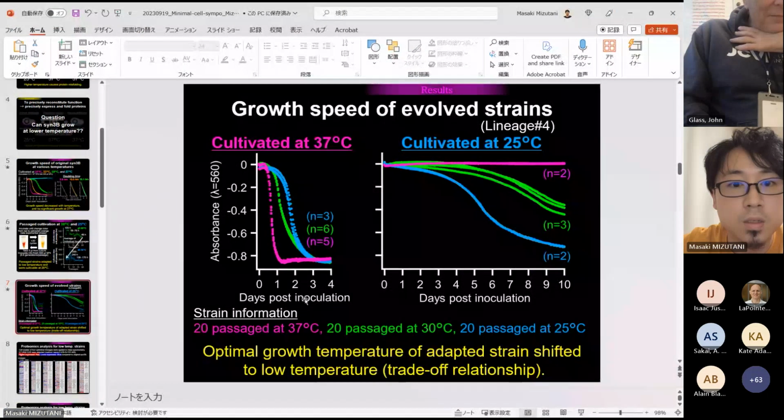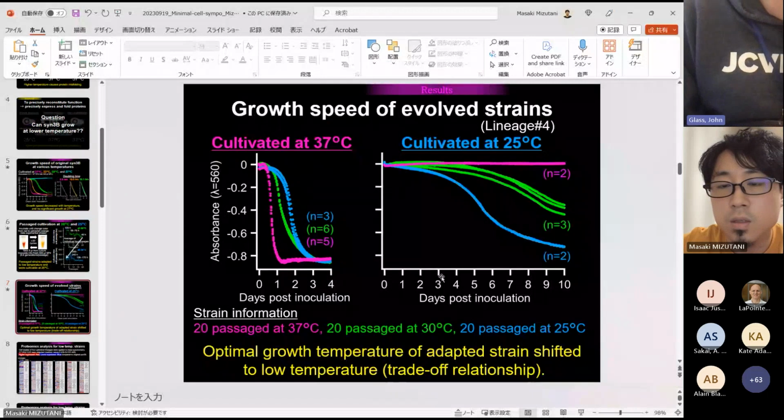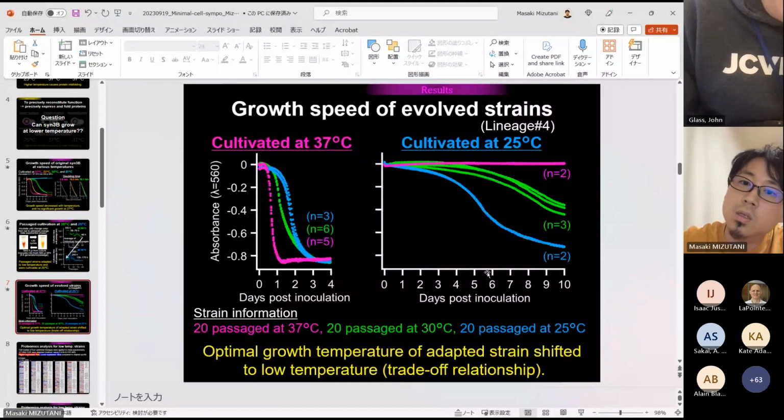Can you remind me, at 30 and at 25 degrees, what were the growth rates, the doubling times? I'm curious what the doubling times are.